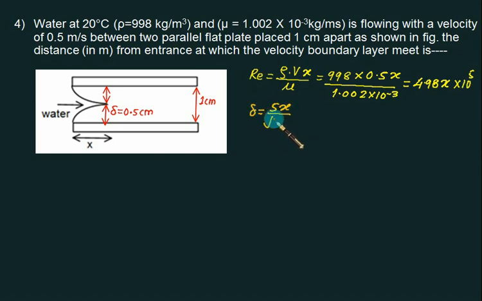For laminar flow we have delta equal to 5x upon square root of Re_x. So we substitute delta equal to 0.5 cm, which is 10 to the power minus 2 m, equal to 5x upon square root of 4.98 times 10 to the power 5. From this we can obtain x.